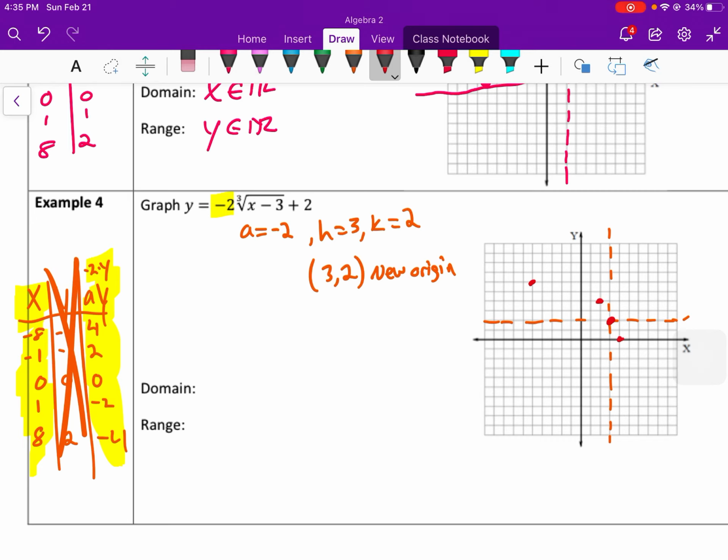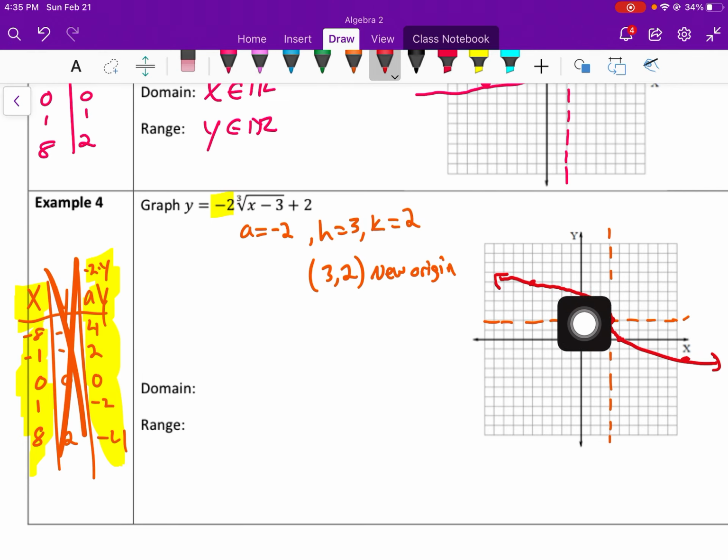And 8, -4. 1, 2, 3, 4, 5, 6, 7, 8. We're just off the graph. And 1, 2, 3, 4. Right there. Now we can sketch our graph. And that's what that one looks like.